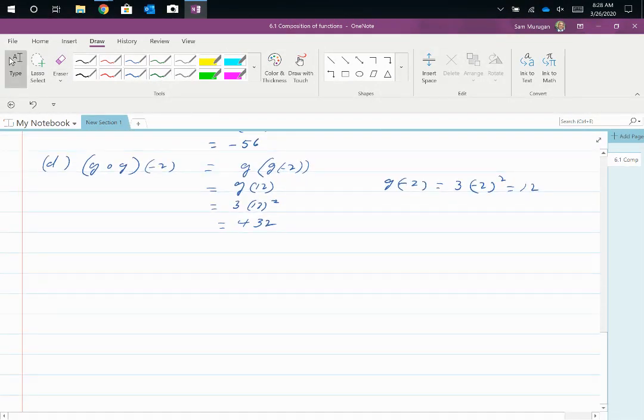Now I want to go through a few problems of actually composing one function with another.